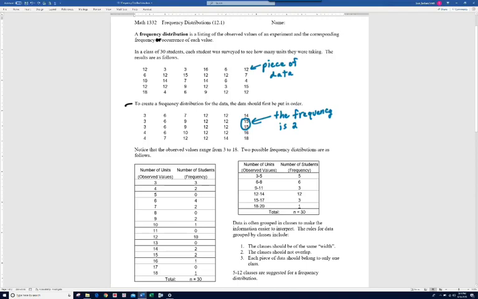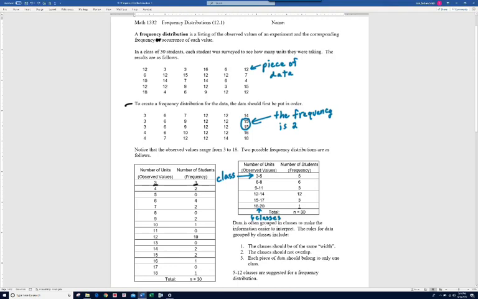Now, the table over to the right is what we call a grouped frequency distribution, and in a problem like this I would probably prefer this variation. Notice in this case we have classes. 3 to 5 is a class, and there are 6 classes here.